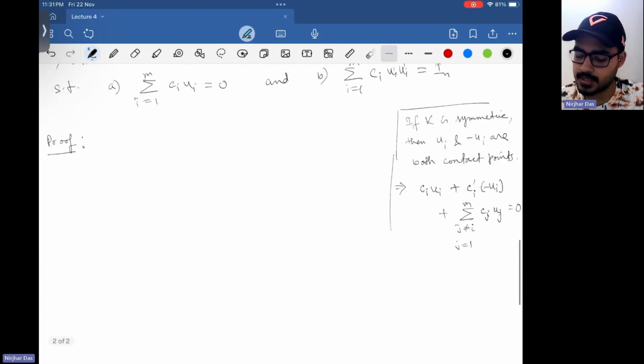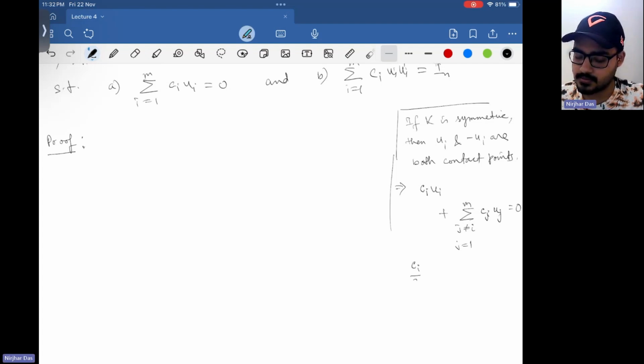So note that now what I can do is I can make this ci as ci plus c dash i by 2 times u. Essentially, if only ci was in the summation, and say minus ui was not in the summation, then I can introduce minus ui here by doing this.